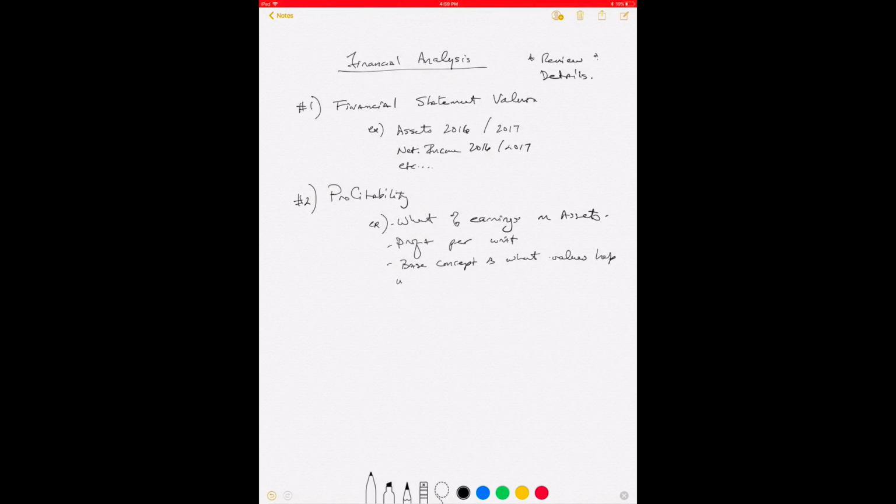Okay, third one is liquidity. Liquidity is our ability to cover current liabilities with current assets. Sometimes liquidity is identified by how much liquid cash we have that we can use. Liquidity is the ability for an asset to be used for current debt, so it's sometimes measured by which assets they are.